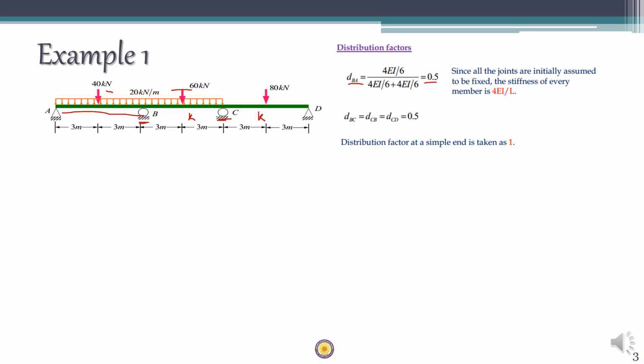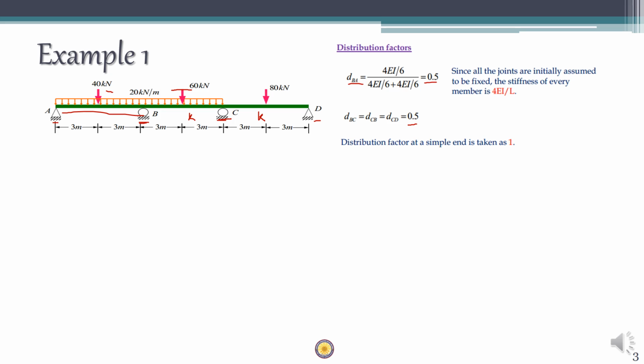Similarly, DFCD is also K by K plus K, which is again 0.5. Okay. For the simple joints, the distribution factor is taken as 1. So DFAB and DFDC is 1.